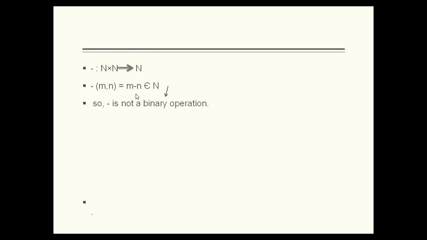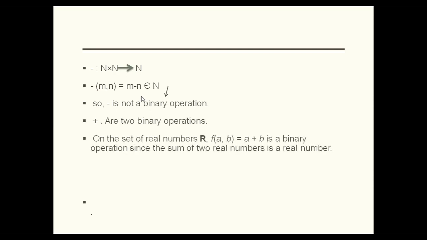In the previous example we had addition, but now we have subtraction. So in subtraction, m minus n does not belong to N. Here the word 'not' is important. Plus is a binary operation. Here I explain this with the help of an example, writing it here.